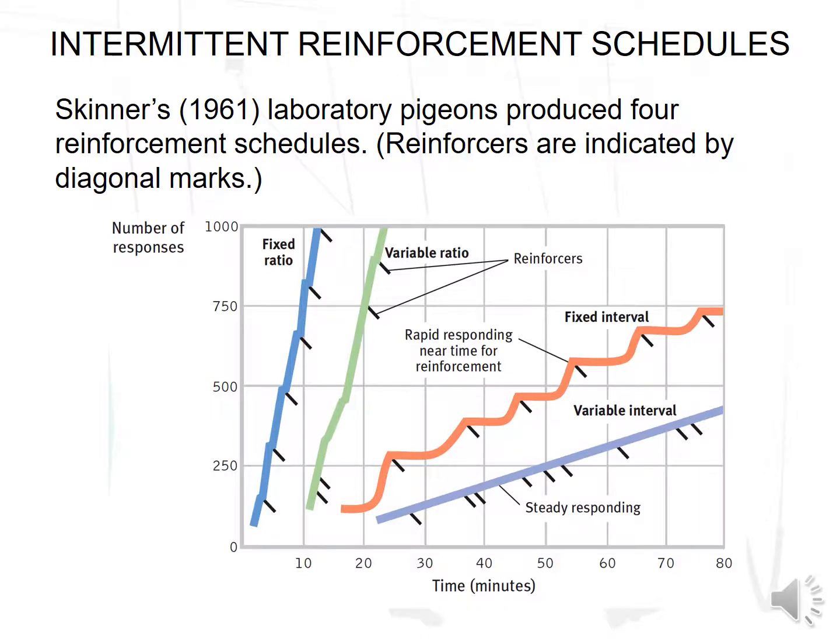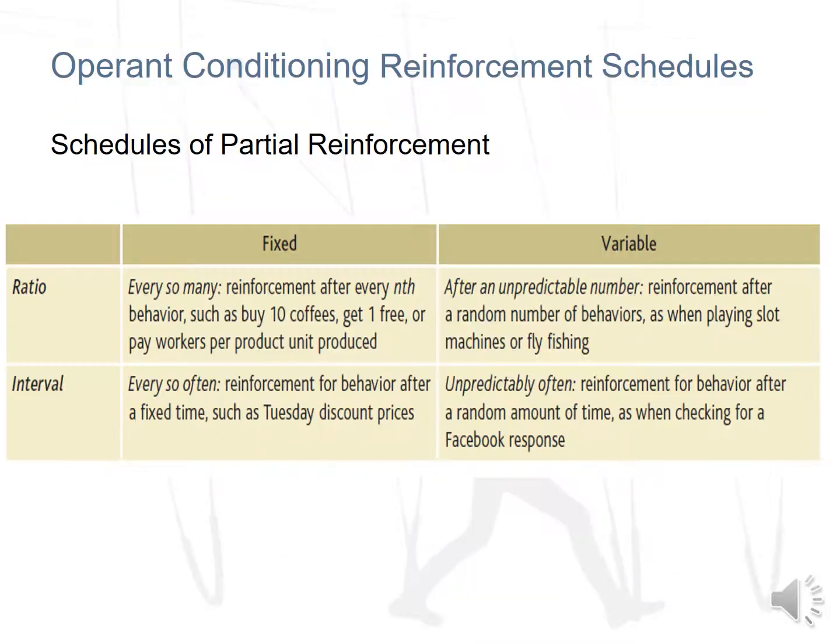You have the fixed interval, which means that the organism realizes after a certain period, I press the lever 3 times, then I will get the food. You will see the steady responding where it happens almost every time. In the variable interval, it's not quite as strong a response, and you can see the lines that go straight up, the blue and the green line on the left, have a much higher number of responses over a shorter period of time.